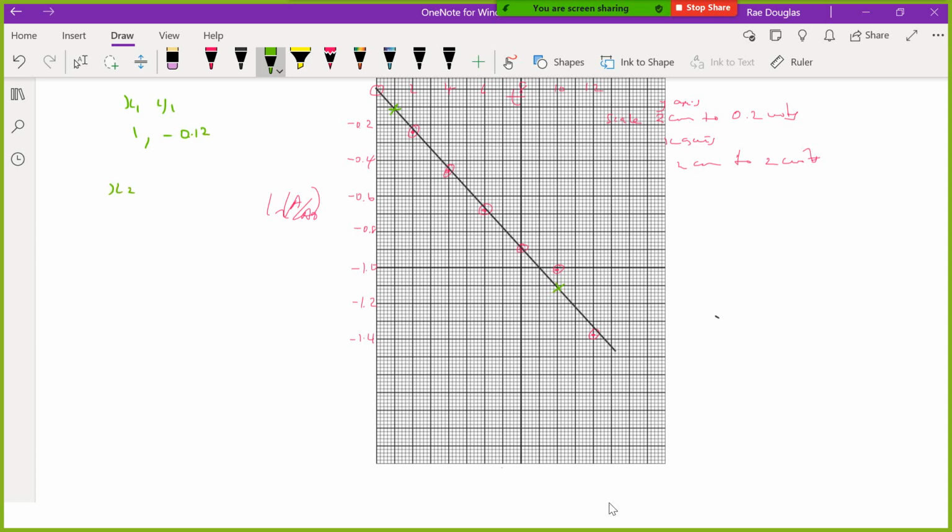Then we know we need an x2 and a y2. I can't really see this properly on the graph, but you can. I know that this point is going to be 10. Then the other value is going to be negative 1.1, let's say 1.12 for argument's sake.